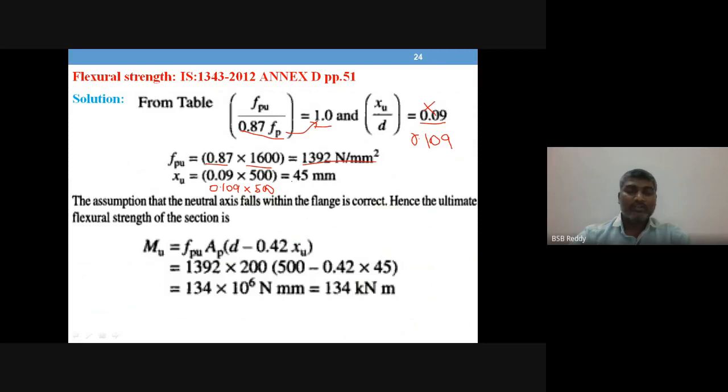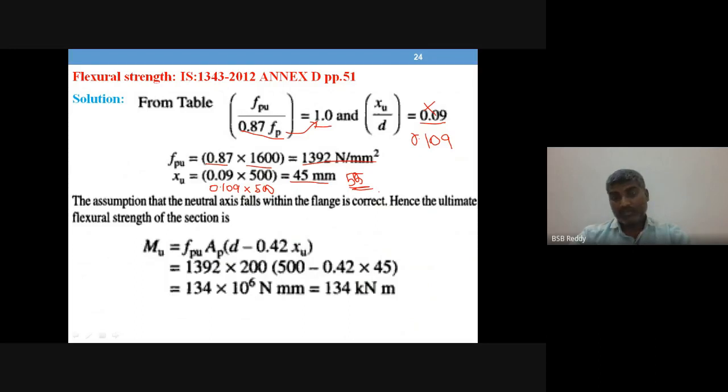Okay, so somewhere around that value, or else 0.1. If you round it off to 0.11 into 500, it is roughly 50 mm or 55 mm, around 55 mm.